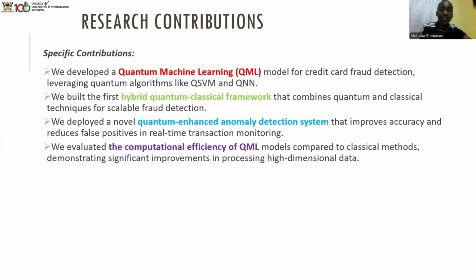We also went ahead and built the first hybrid quantum classical framework. It combines the quantum and the classical techniques for scalable fraud detection, like in the banks. Sometimes fraud can be high, then fraud goes down, and they keep on changing, ups and downs.